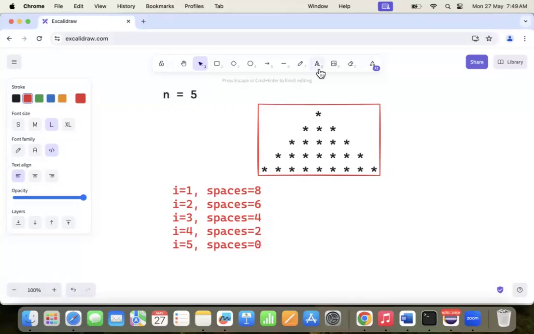Guys, could you form it? 2 into (n minus i), where n minus the value of i, for the 2 into n minus 1. Am I right, guys?